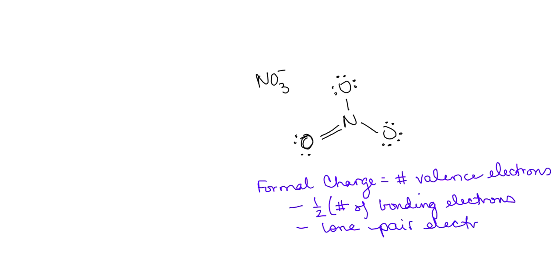Sometimes you'll see me talk about it where, once you draw your Lewis dot structure, I'll say a formal charge is basically equal to your group number, since for our main group elements the group number is equal to their valence electrons, minus the lines minus the dots.